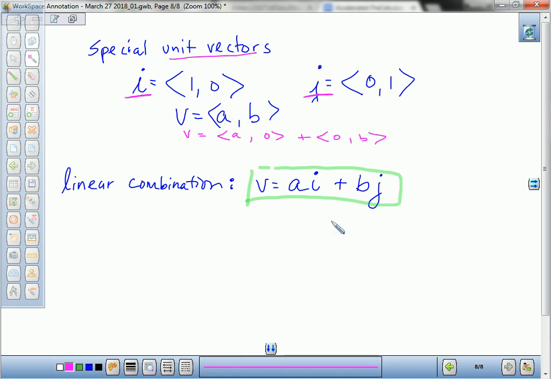I mean, yeah. Could I rewrite this as a times 1, 0 and b times 0, 1? You could. Now, if we define i as the special unit vector 1, 0, then this is a i, and this is b j.